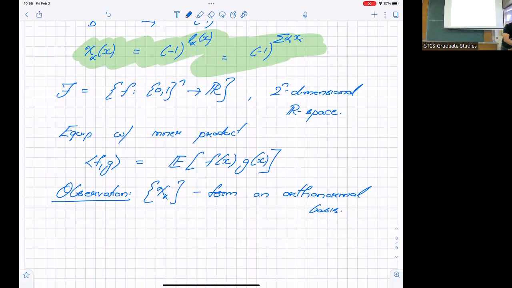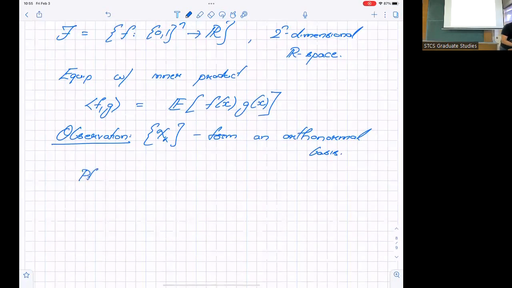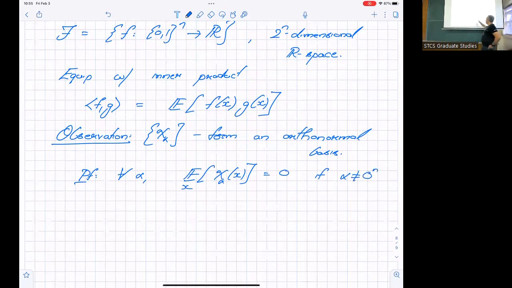And the proof of this is quick. First, I want to say for all alpha, the expected value of chi alpha of x as you range over x is 0, as long as alpha is not the all zeros function. That should be clear because otherwise it's equally likely to be plus 1 and minus 1. For alpha all zeros, this will be just 1 all the time.